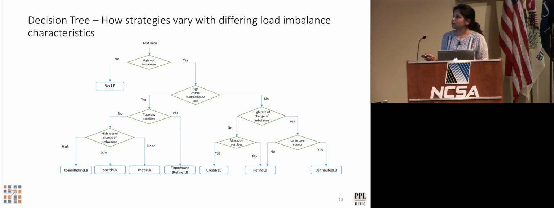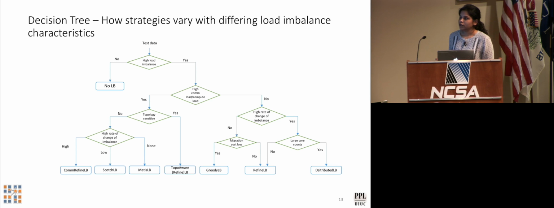Once you decide there's high load imbalance, you decide whether the communication versus computation load is high. If it's more communication intensive, then you would go further down this subtree to figure out if it's topology sensitive. If it is topology sensitive, then you would want topology aware algorithms for your load balancing.